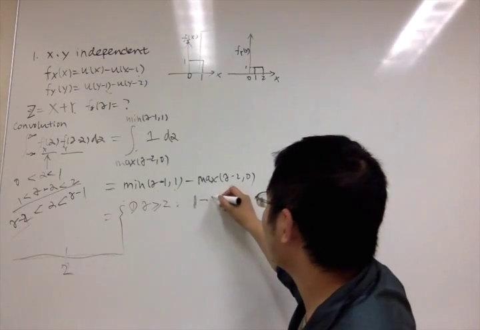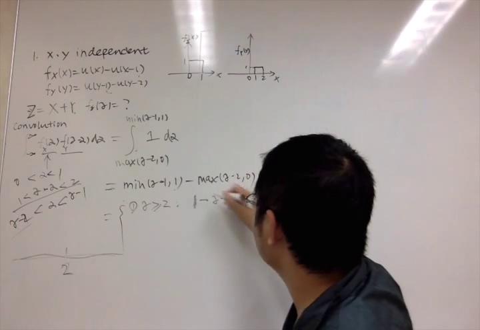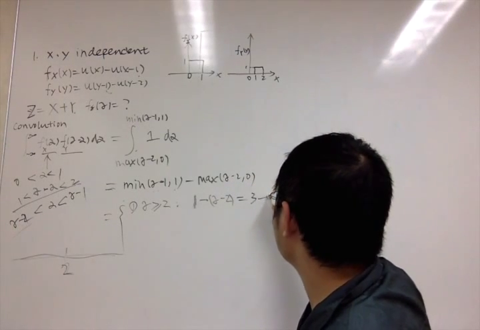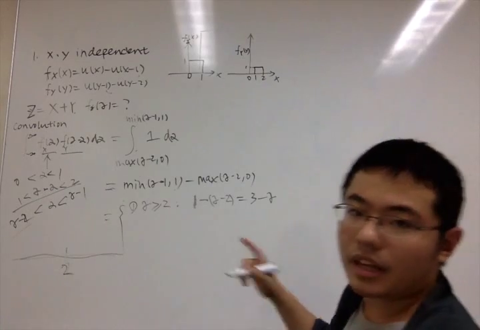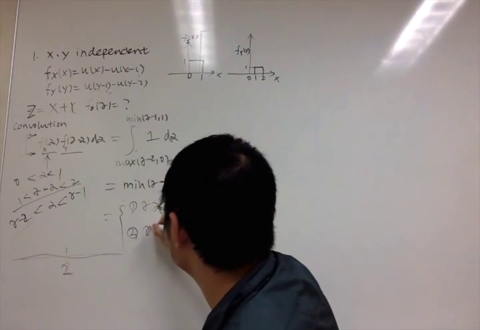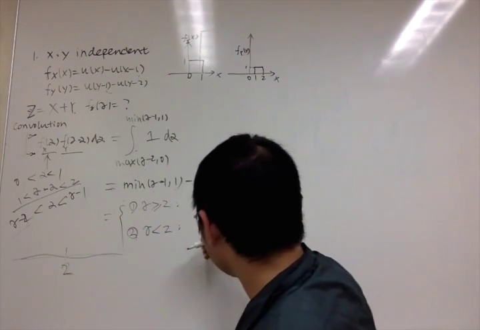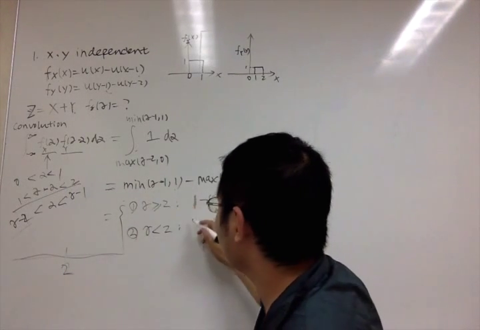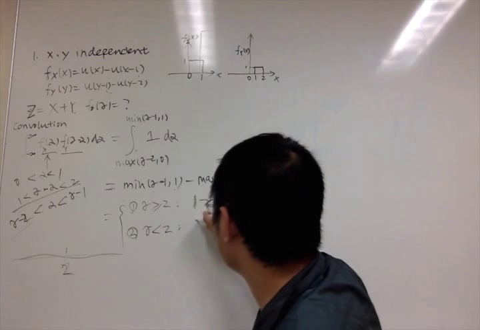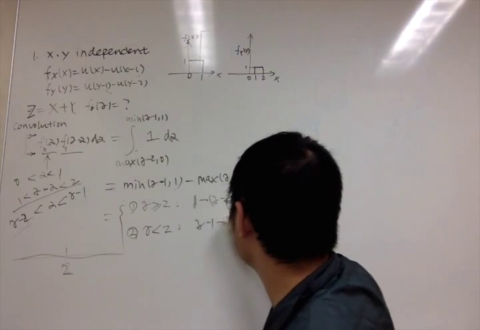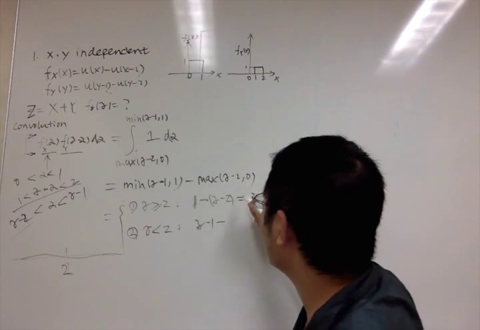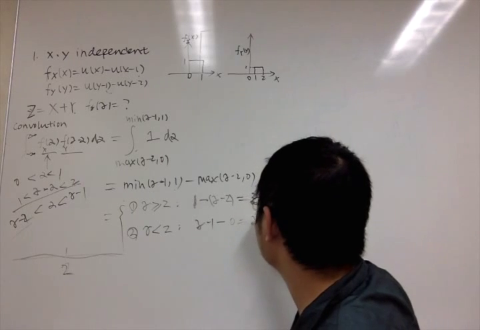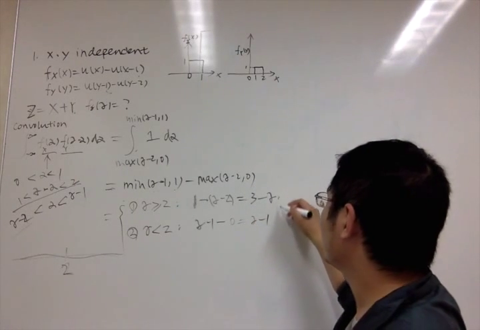And the second term should be z minus 2, which means the result is 3 minus z. We could do the similar when z is smaller than 2. For the first term, we get z minus 1. For the second term, we get 0, so basically the result is z minus 1.